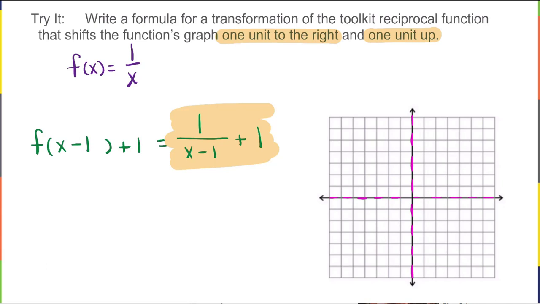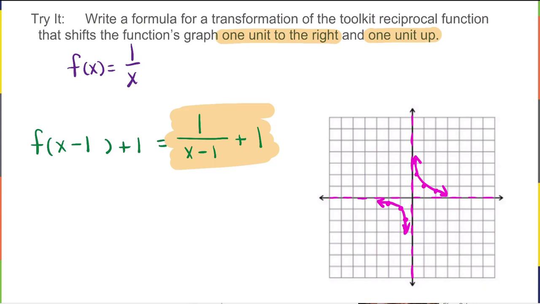So we have the point 1, 1, the point half, 2, and the point 2, up a half, and it curves like that. A mirror image here. It curves like that, never crosses the asymptotes.